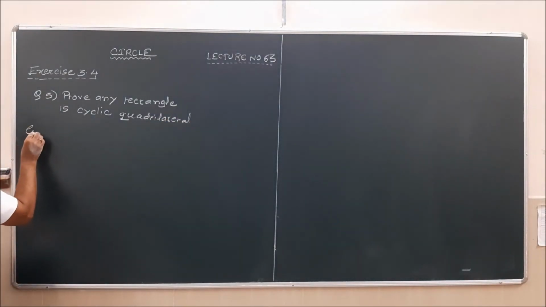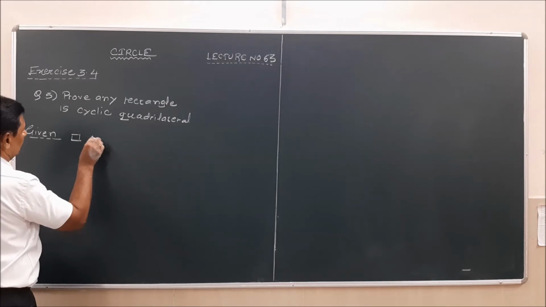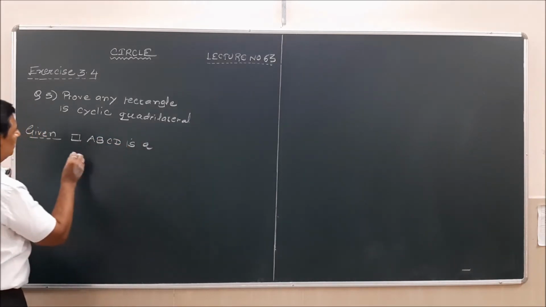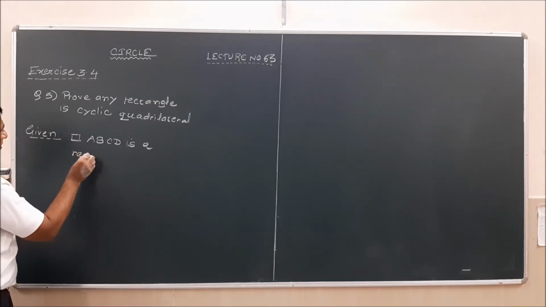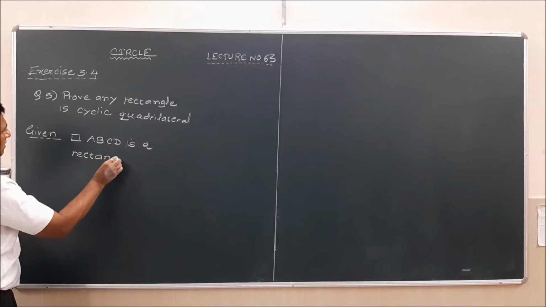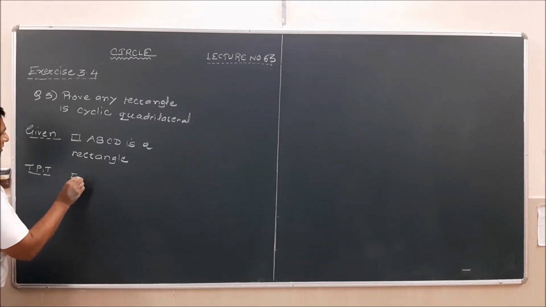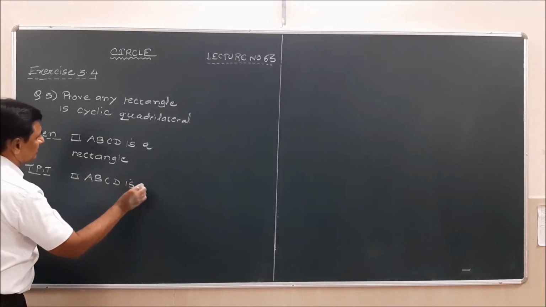So given, I am going to draw the figure. Quadrilateral ABCD is a rectangle. Then to prove that quadrilateral ABCD is cyclic.